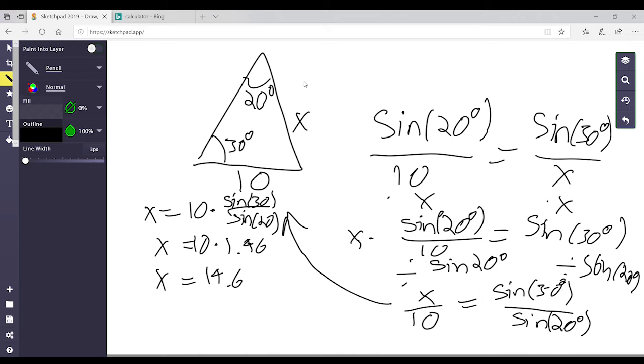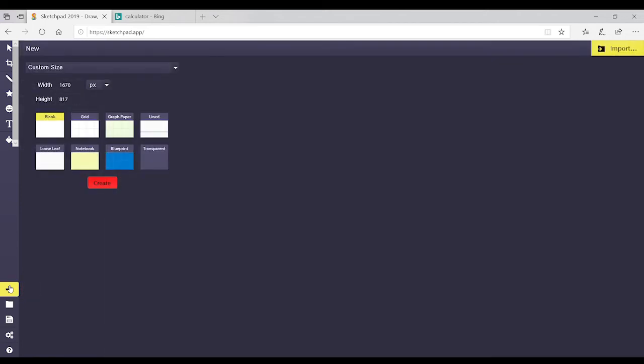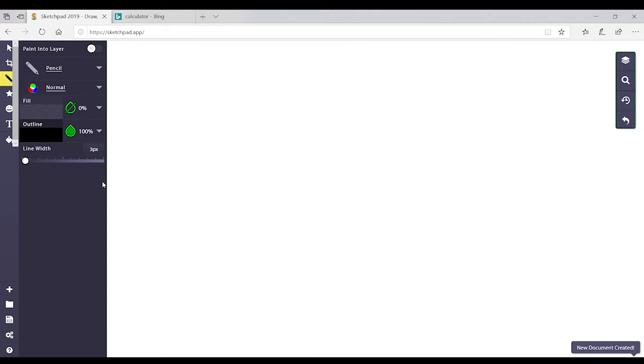Okay, so moving on to the cosine example. The cosine law, like I said before, can be used for more things than the sine law. It can actually be applied when you are just given the triangle's sides, and you can find an angle with it. Whereas with sine, you can't.